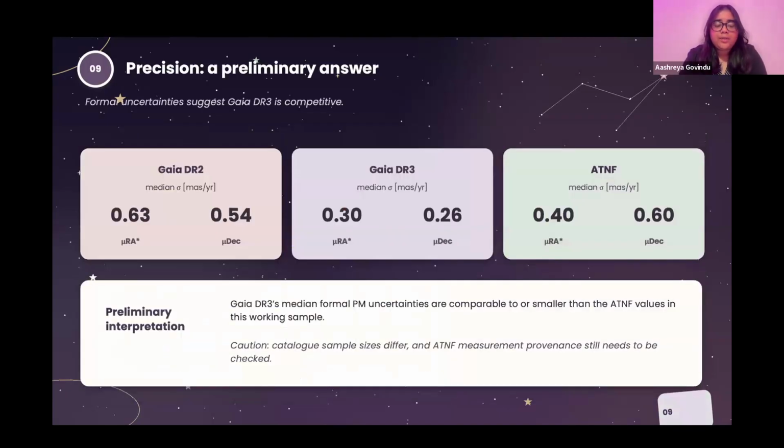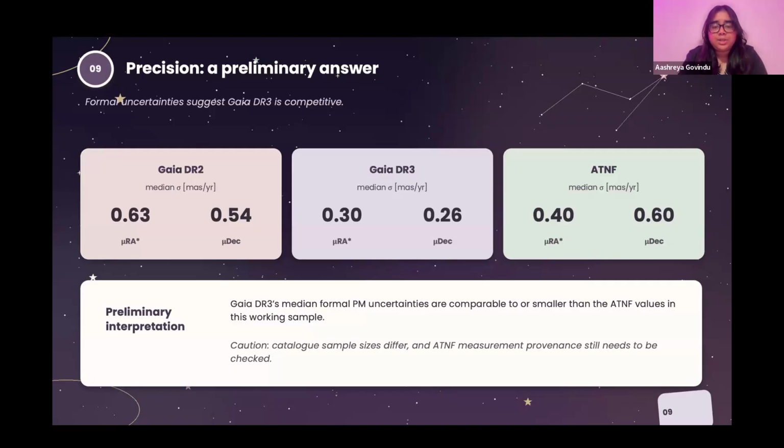So another way of comparing the measurements is precision. Here I have the formal uncertainties associated with the proper motion measurements. I have 0.3 and 0.26 for the Gaia DR3, and then 0.4 and 0.6 for the ATNF.